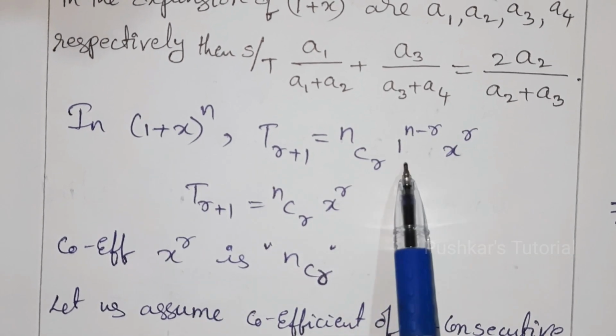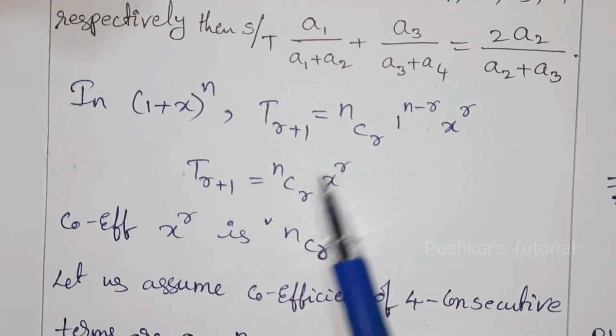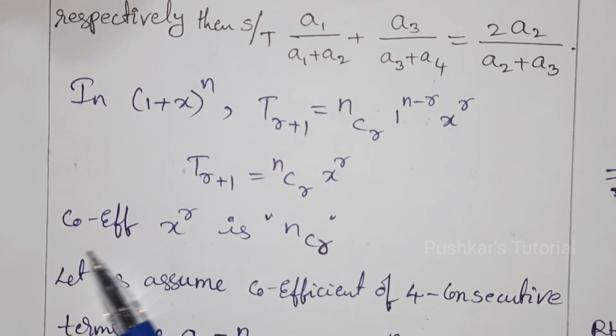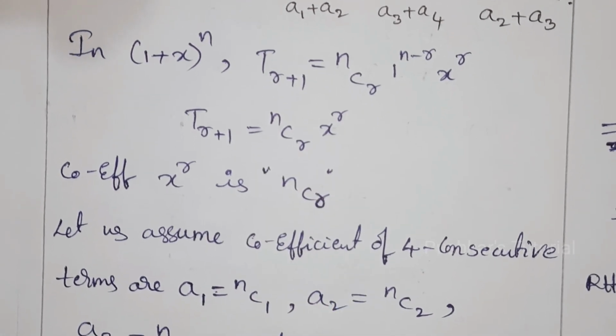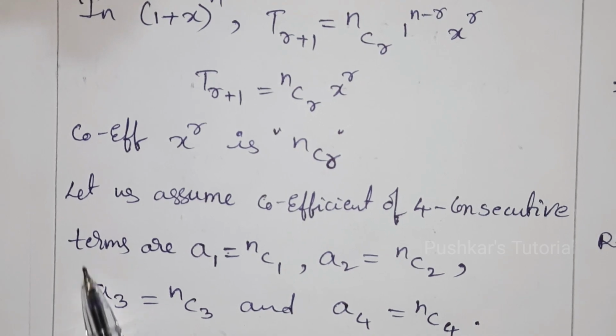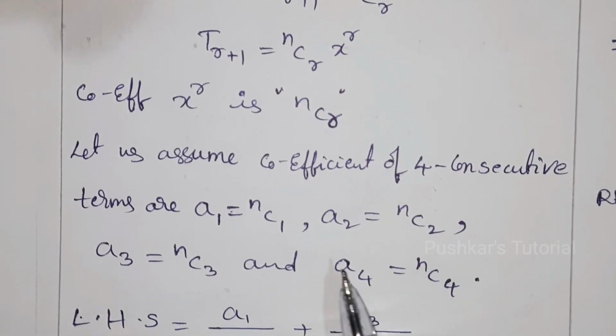The first term is 1, the second term is x. 1 to the power of anything is 1 only, so it becomes nCr x^r. So the x^r coefficient is nCr.